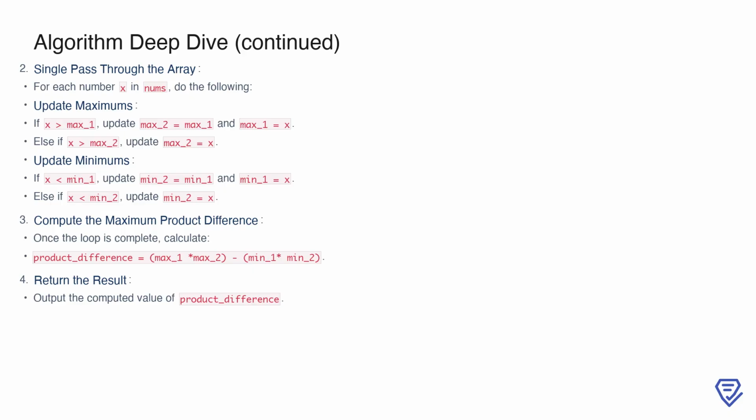Similarly, for the minimums, if the number is smaller than min_1, we shift min_1 down to min_2 and assign the new number to min_1. If it's not smaller than min_1 but is smaller than min_2, we update min_2. After finishing the loop, we calculate the product difference using the formula max_1 * max_2 - min_1 * min_2. This final value is then returned as the result.